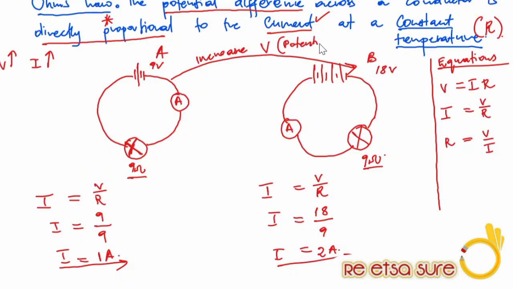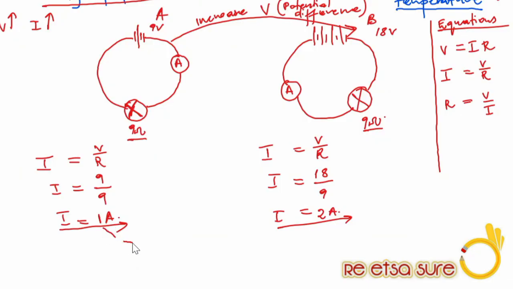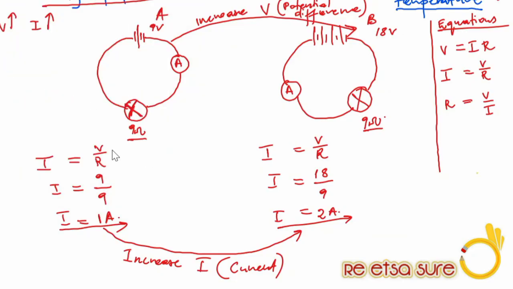And when we increase the potential difference, our current also increased, provided that our R, which is our resistance, remains constant. I hope you guys can see what is happening here.